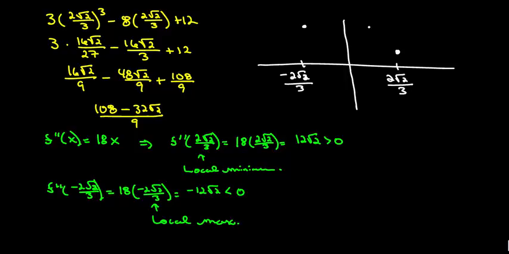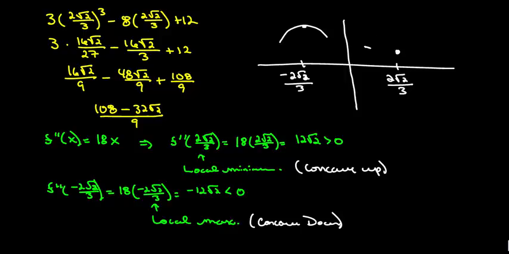That makes sense because since it's a local max, this suggests that it's concave down, which suggests that the function looks like this. Over here, since a local min suggests concave up, like this. And so if we connect them like this, we get our function.